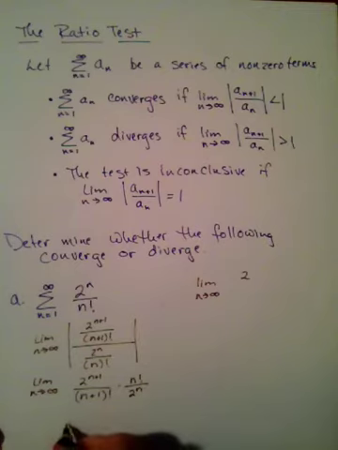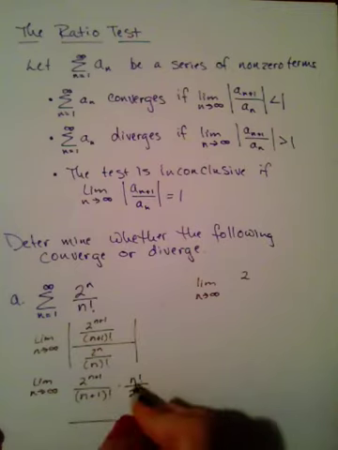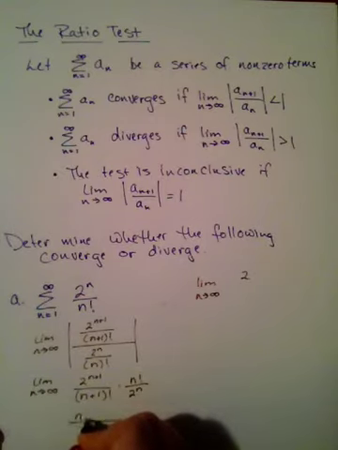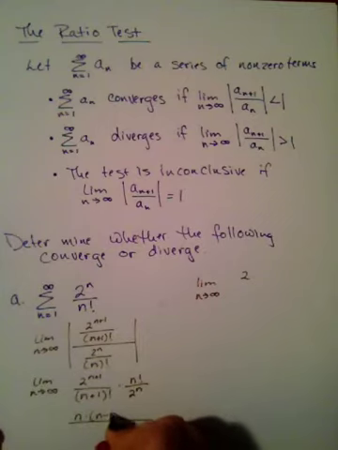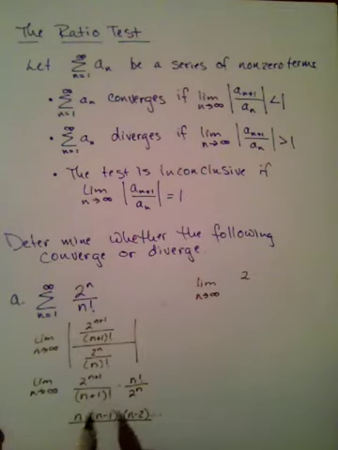To simplify the factorials, if you're not used to doing this, it might be helpful to write out a few terms. N factorial would be n times the next number less than n by 1, so times n minus 1, times the next number less than n minus 1 would be n minus 2, etc. Well, n plus 1 factorial will be in the bottom, in the denominator, and it's n plus 1.